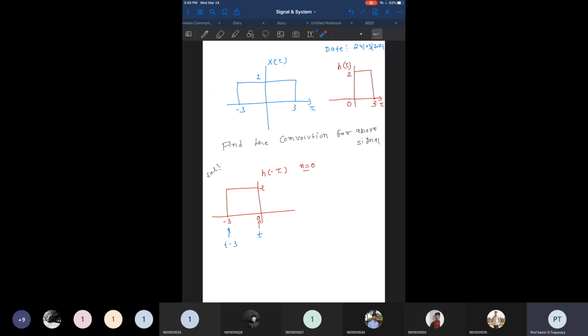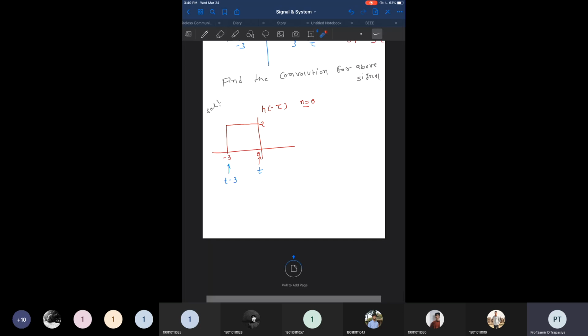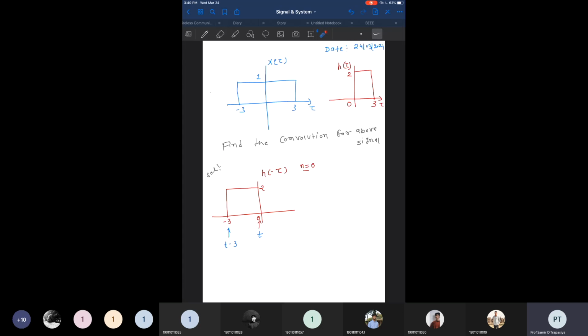If such a problem exists, we need to shift the signal to the left side so that the overlapping can start from the very beginning. How many points do we need to shift? This x of tau starts from -3, and the first portion of h of minus tau is 0.